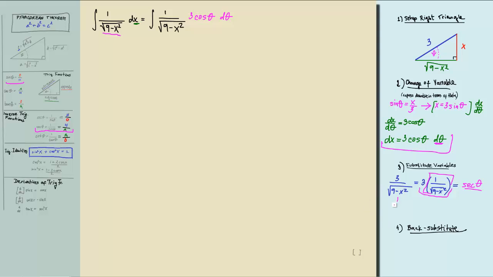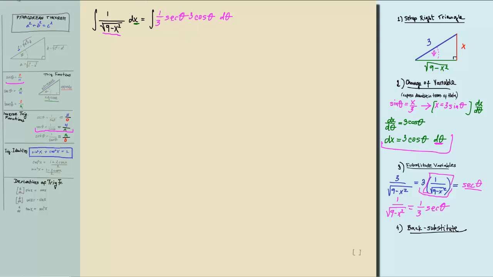So our fraction, 1 divided by the square root of 9 minus x squared, will multiply by 3, and will just be 1/3 secant theta. And well, we can actually just take that, and I'm going to copy it, and now we're going to substitute this and rewrite it in terms of theta. Okay, so we have this.